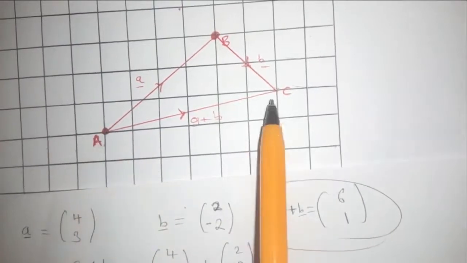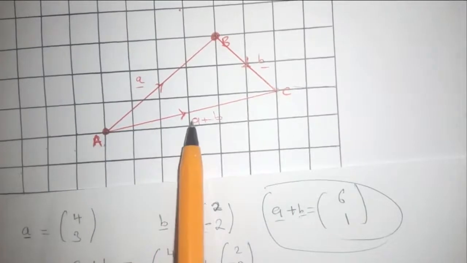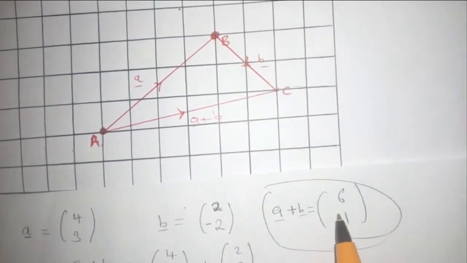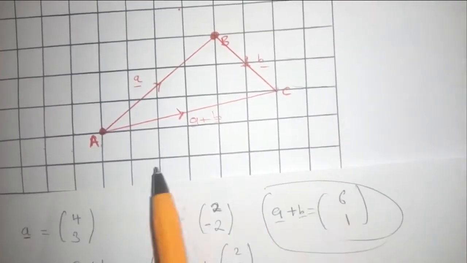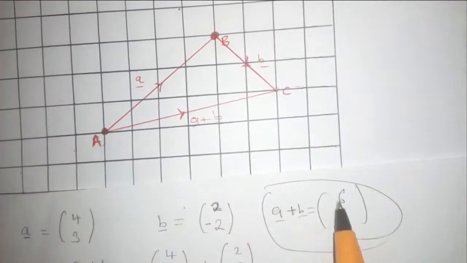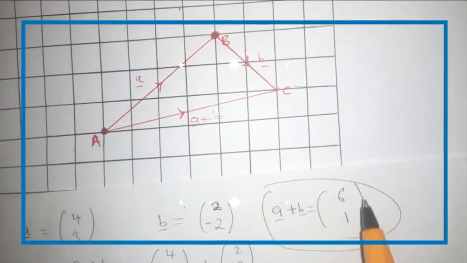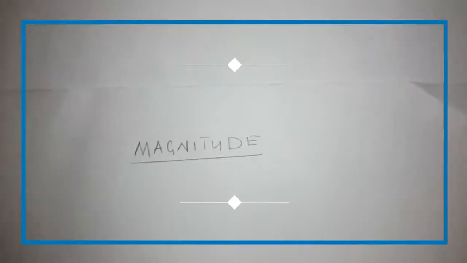So here to here, it is to the positive. So it's 1, 2, 3, 4, 5, 6. Good, perfect. It's at 6. And then under the y-axis, it's going one step up because it's positive. So it's 1. So you see, this is true. We've proven this is how it works.